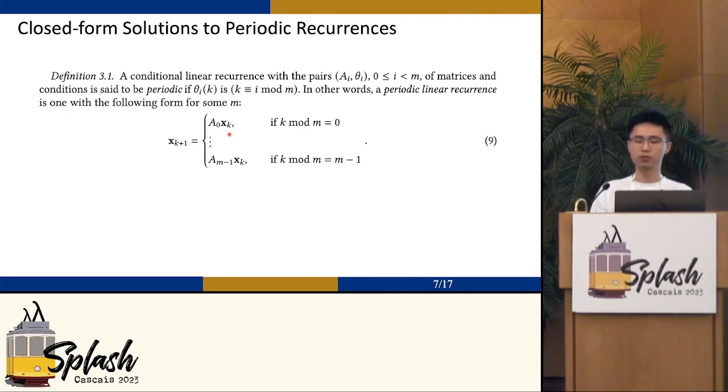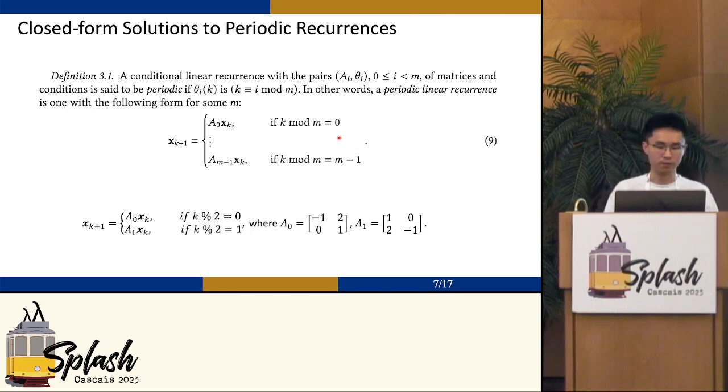But before we try to solve the most general conditional linear recurrence, let's first see how to solve a much simpler version and try to gain some insights from this process. For periodic recurrence, we just replace the conditional part with these modular operations, and this is then a concrete example.